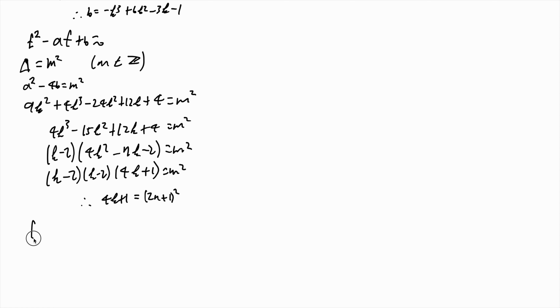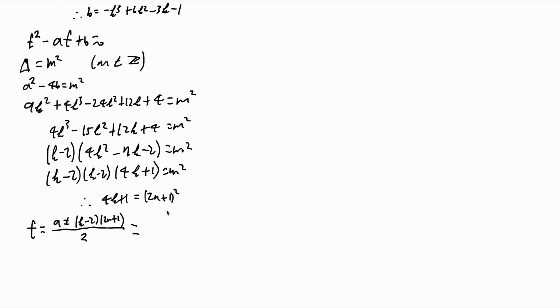So we know that x and y are equal to a plus or minus the square root of the discriminant, which is (k minus 2) times (2n plus 1), over 2.